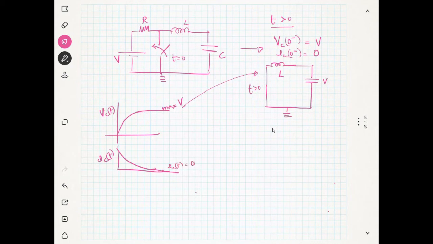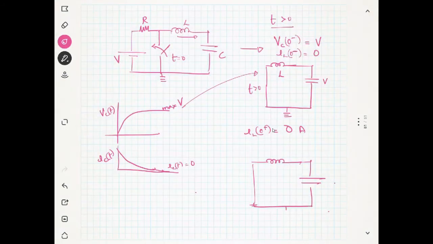That means our I of t will be 0. So what will be IL of 0 plus? It will be 0 ampere. That means who is having full of energy now? The capacitor. Yes, the inductor has no energy and the capacitor is having full of energy.